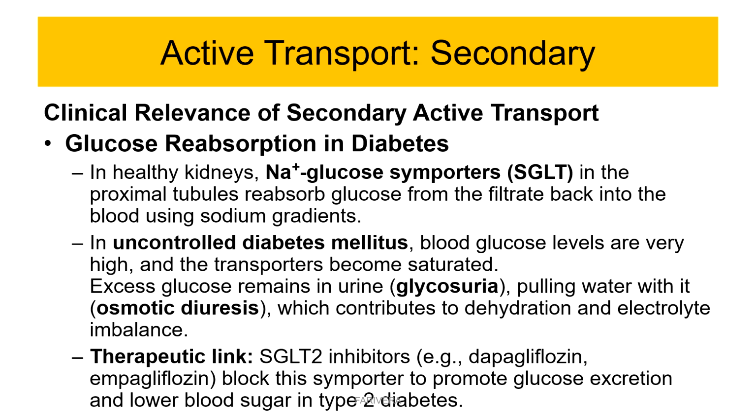In uncontrolled diabetes, blood glucose can become very high, so the transport system may become overwhelmed and excess glucose remains in the urine. This is called glycosuria. Glucose in the urine also draws water with it via osmosis, contributing to osmotic diuresis.